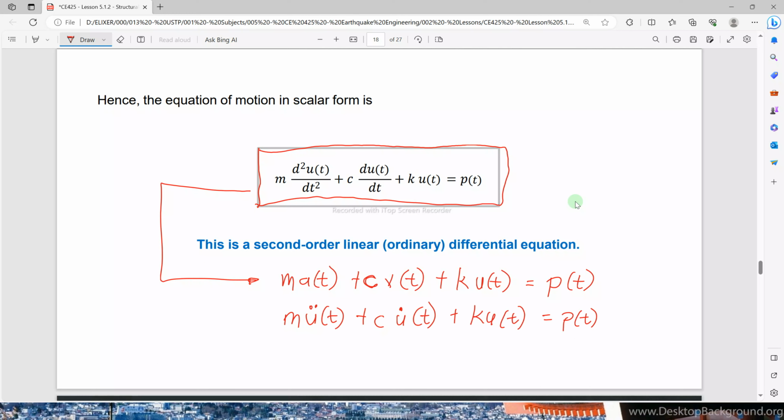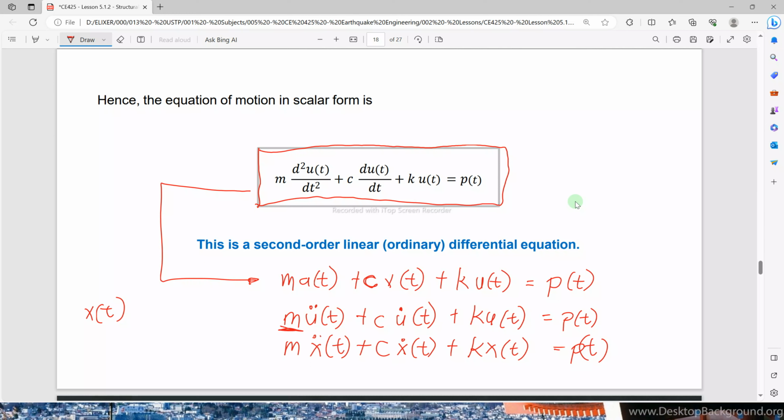So other times po, other sources use x for displacement. So we have here k x of t is equal to p of t. And then the velocity will be on this part here, we have the c, the damping coefficient times x dot of t, then mass times the x double dot of t.